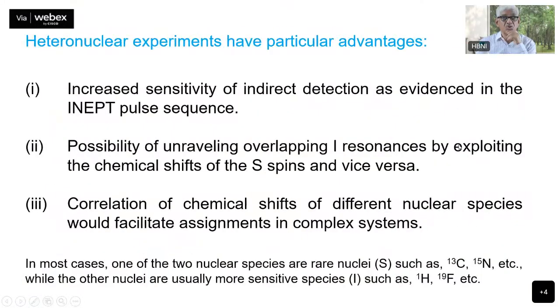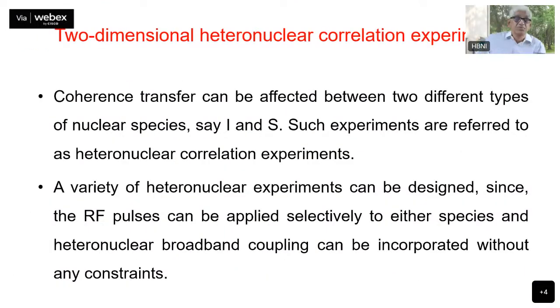So we have here the two-dimensional heteronuclear correlation experiment. So far we are dealing mostly with homonuclear cases. Now we want to take up heteronuclear cases. We will make a beginning here.